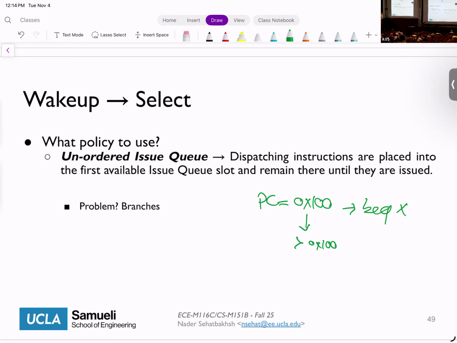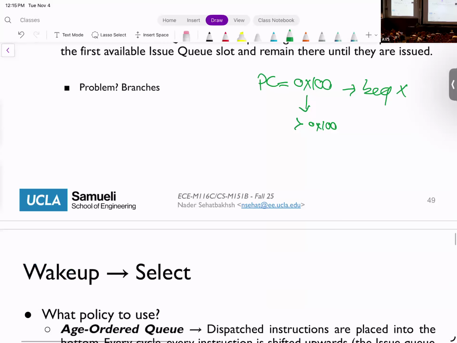If this is an unordered queue, I need to check every single row, check the PC, and see if the PC is bigger than that value and kick it out. That might not be the most efficient if recovery is required, but in most cases it's very efficient because you can just find the first free row, no logic is needed, and so on.